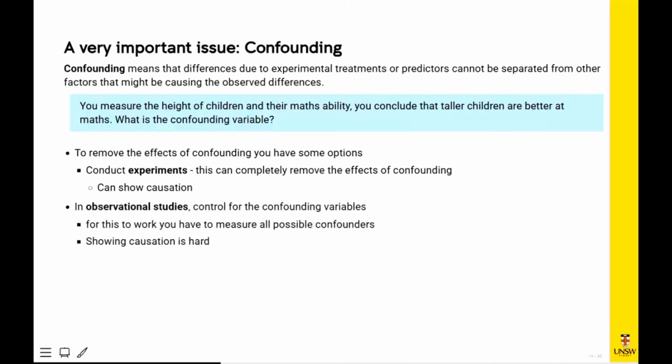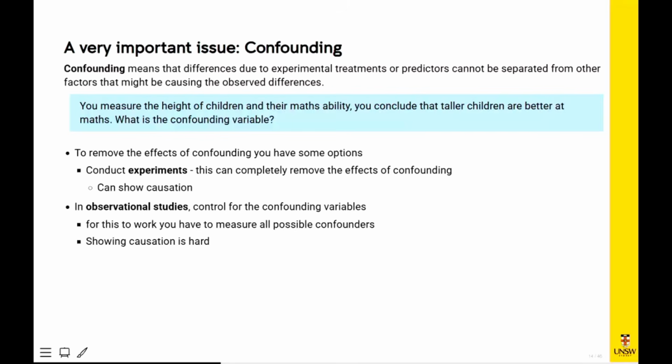In observational studies, you can do some statistical control for confounding variables, but you really need to know your subject area really, really well, because you have to measure it. You can't control for it in your statistical model if you do not have the data that you need.